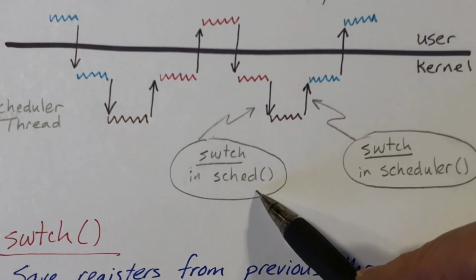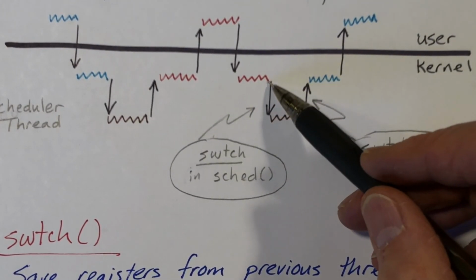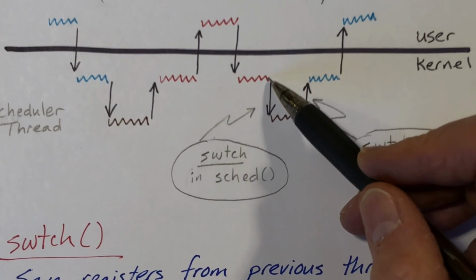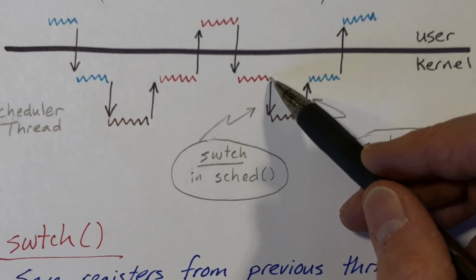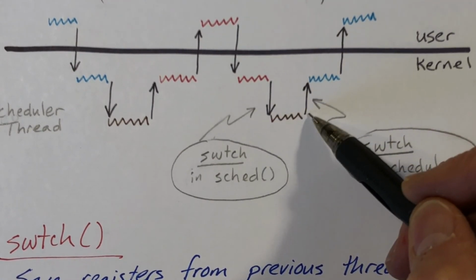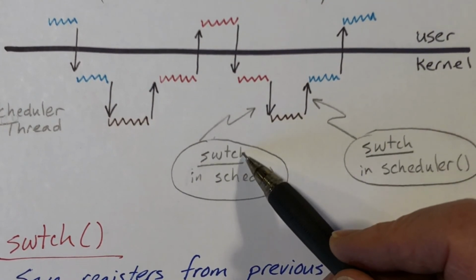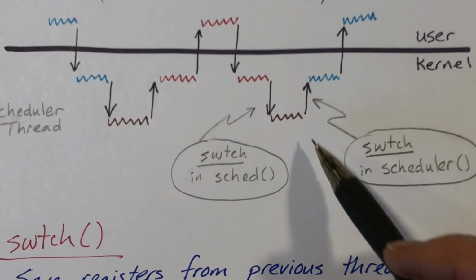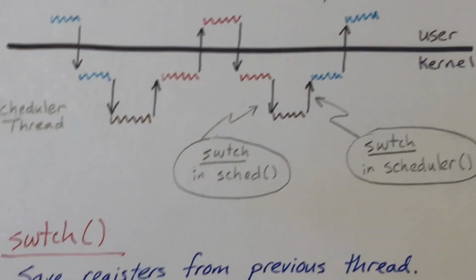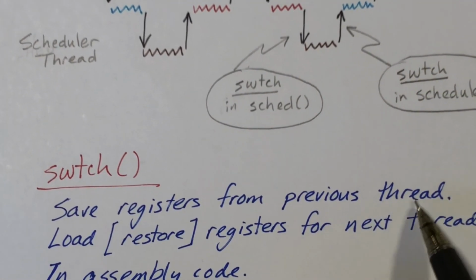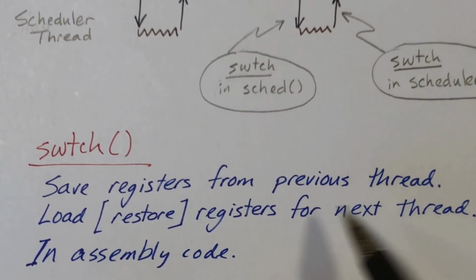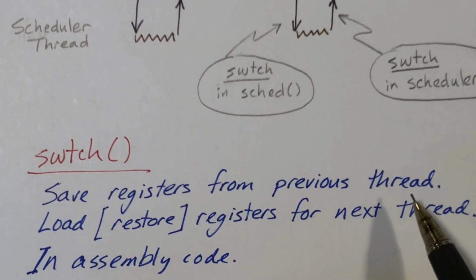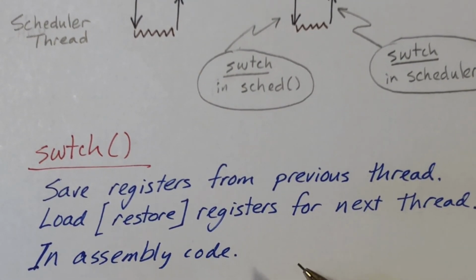There's another function which we can call sched, S-C-H-E-D, and that is invoked by the kernel portion of a process's thread to go into the scheduler. So it too will call this switch function. The switch function basically will save registers from one thread and load the registers for the next thread. And as I said, it's written in assembly code.